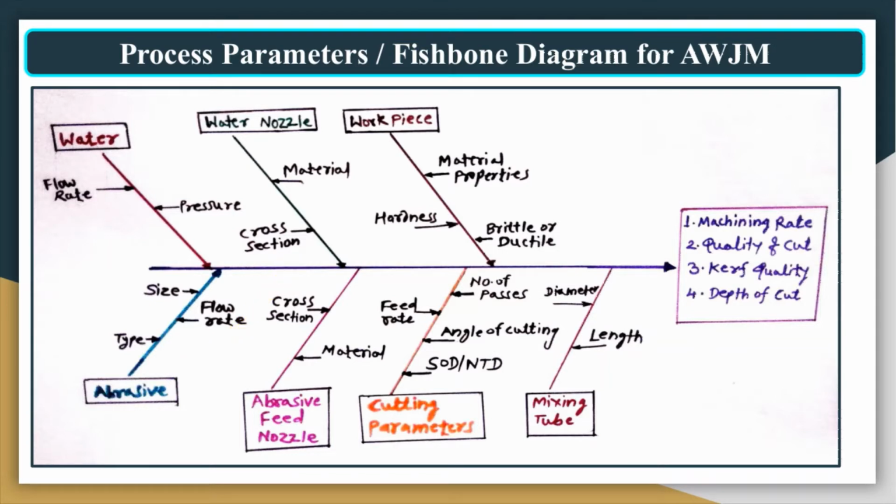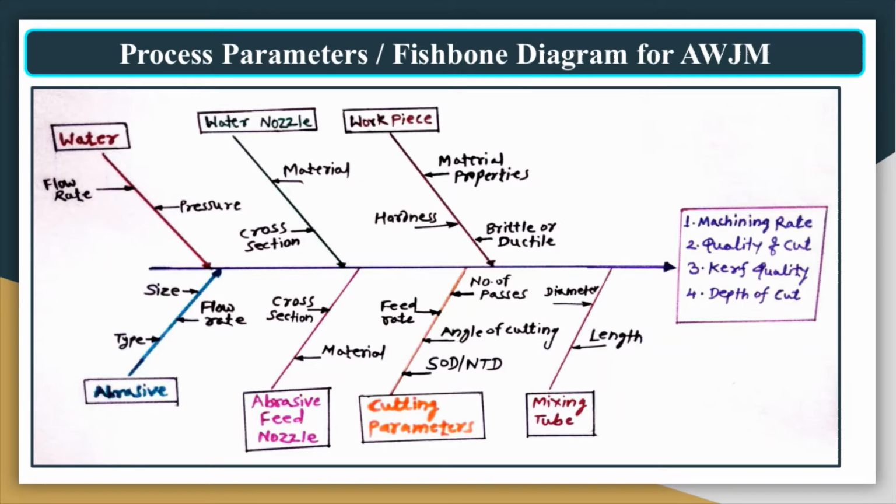Then we have the flow rate of the abrasive, which is another important parameter. Then the abrasive feed nozzle: the cross section and the material of the feed nozzle are also important, because if it is not very hard, the nozzle itself will wear out and you cannot control the abrasive feed rate accurately. So for that purpose we should consider the abrasive feed nozzle.